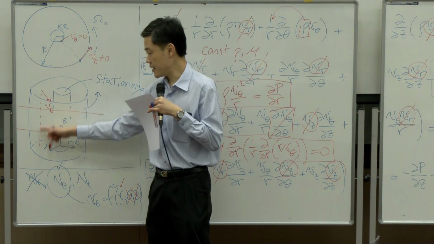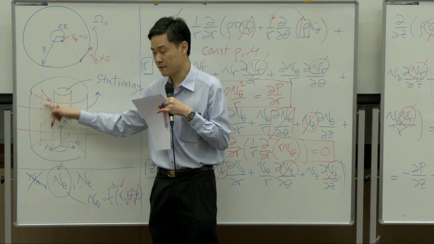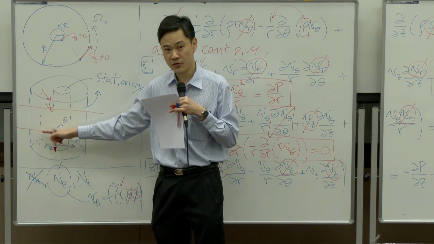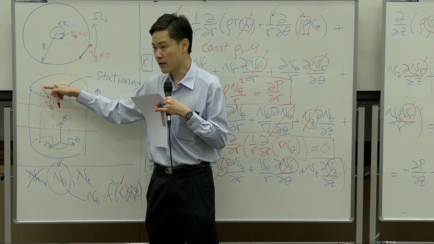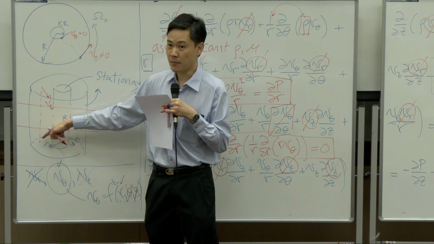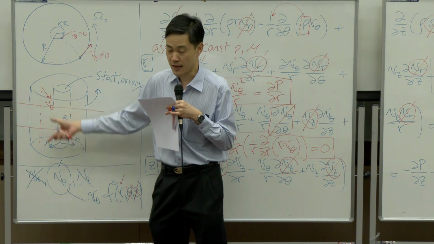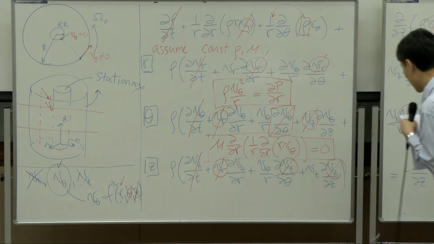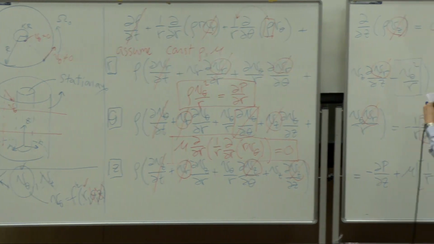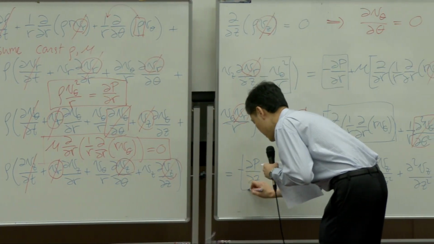Go this way in Z direction. Do you have a pressure change? You do. Lower the depth, higher the pressure because of the head of water on top of it, right? So pressure is a function of Z. This term must be kept.